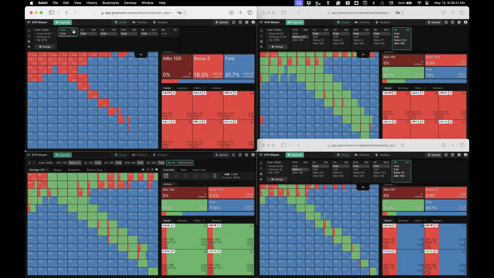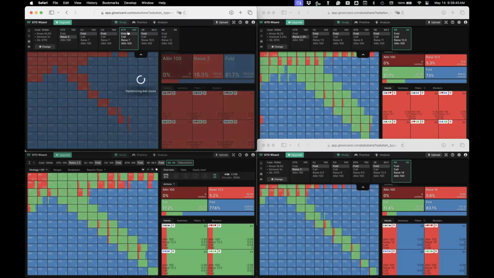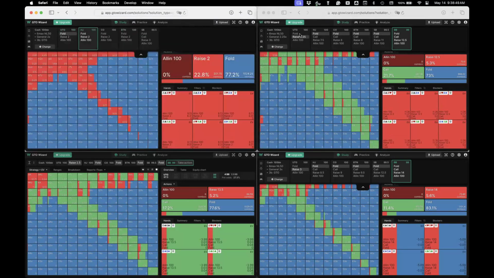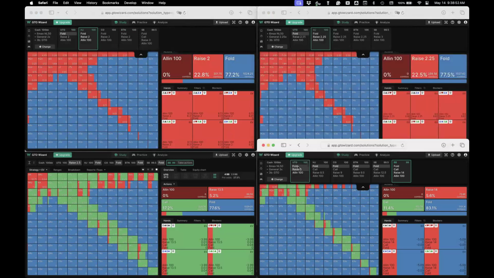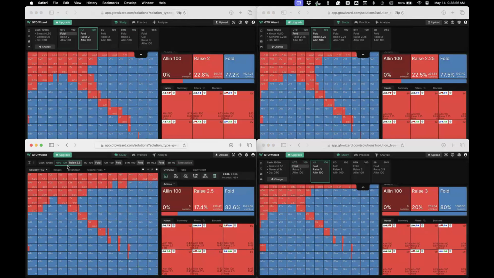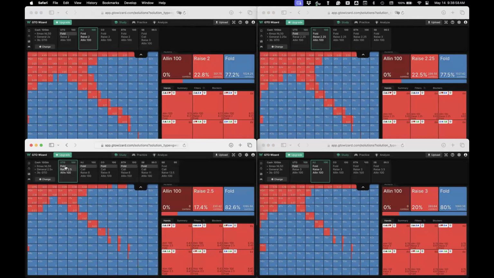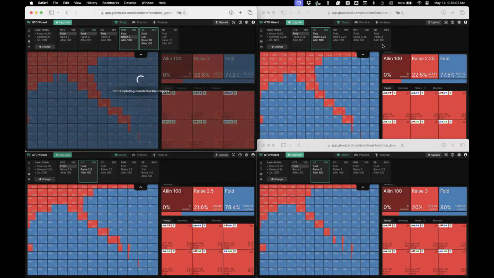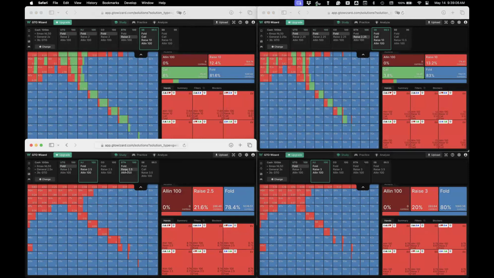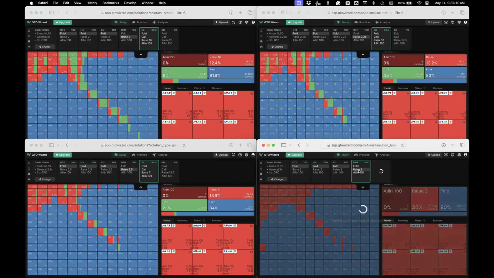I'm going to jump to the button because that allows me to go back faster. So under the gun folds, under the gun folds, under the gun folds, under the gun folds. Now we go to a button raise to 2. A button raise to 2.5, button raise to 2.25, button raise to 2.5, and button raise to 3.